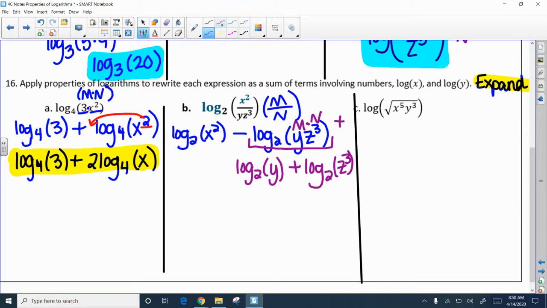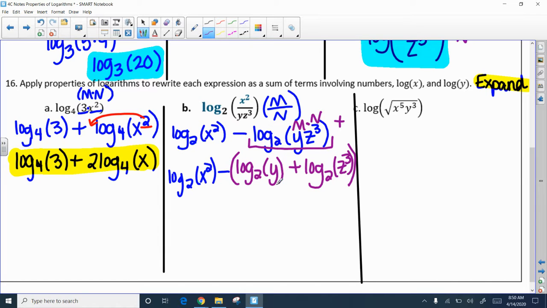Okay, now we have to be careful the way we write our final expression, because I have this log base 2 of x squared, and I'm subtracting this whole expression. So when I rewrite it, I can put the whole thing in parentheses like this.